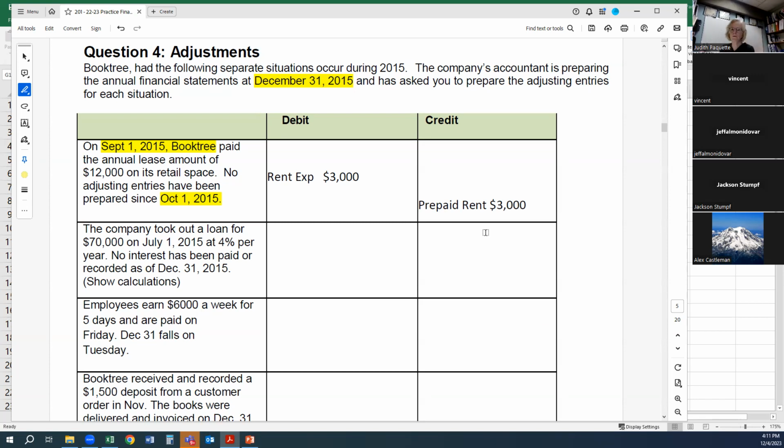So between October 1st and December 31st, how many months have gone by? 3? Yeah, month of October, month of November, month of December. Oh, wait, JP. No, it is not September through December. It is October through December. Yeah, 3 months.